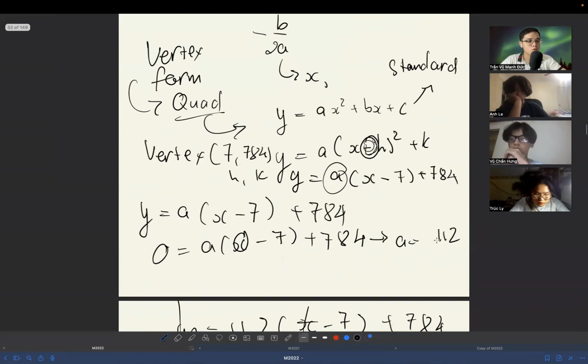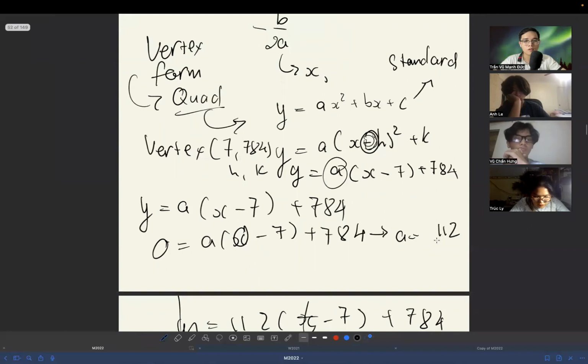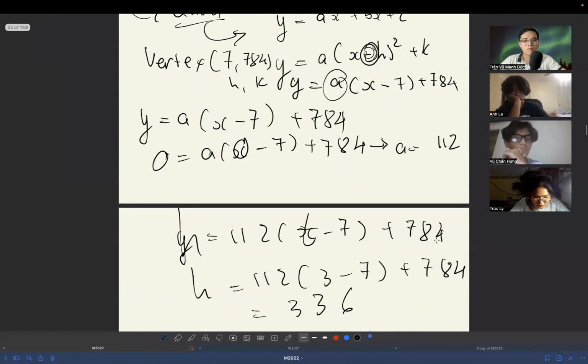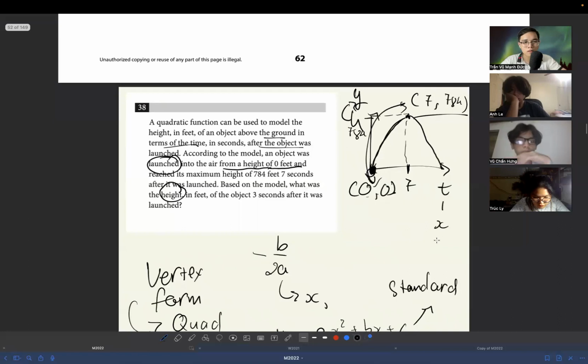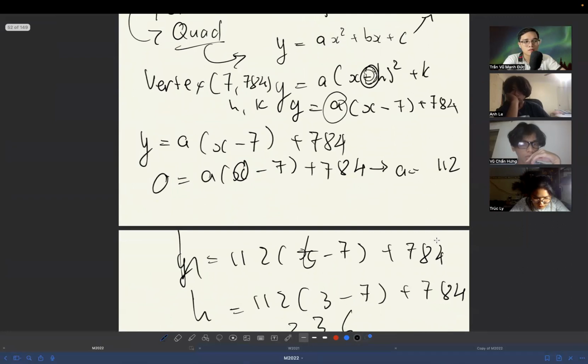What am I missing? Plug in what was the height 3 seconds after it was launched. So it should be 3. Oh, you missed the square. Oh gosh, yes, I forgot the squared. All right, thank you on that one.